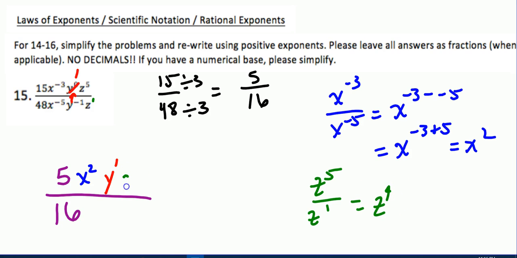So I'm going to have z to the fourth on the top. Again, they're not in the bottom because there are not more z's in the bottom. There are more z's in the top. So my final answer, 5x squared y z to the fourth over 16.